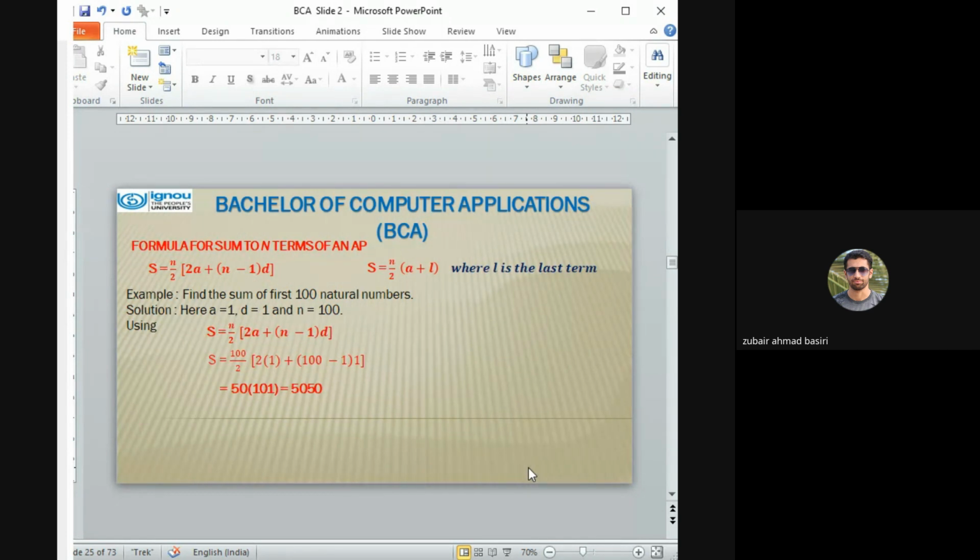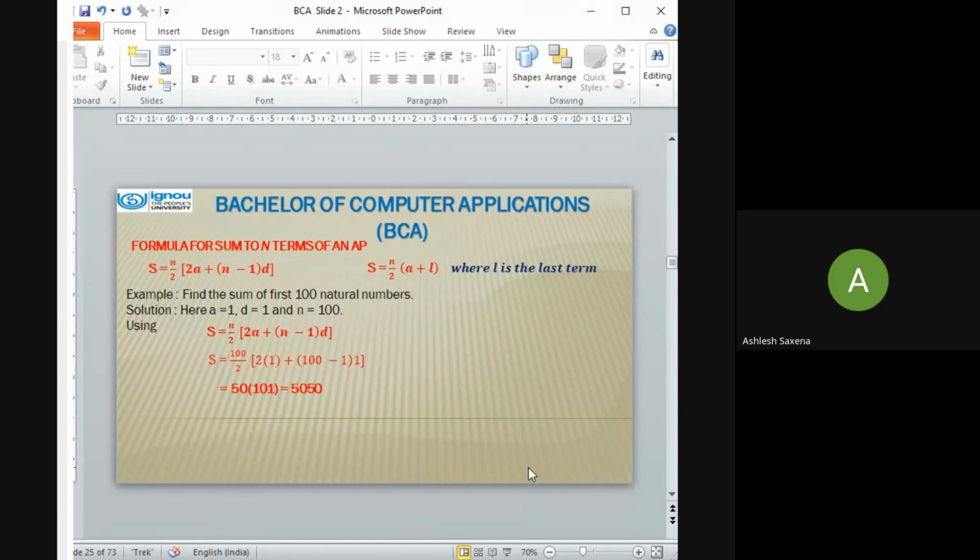I will show you the application of both formulas. Normally we use Sn equal to n by 2 into 2a plus n minus 1 into d in most general cases.